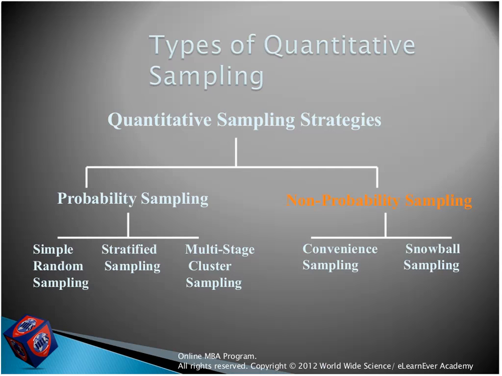And under non-probability sampling, we have snowball sampling and convenience sampling. So as a whole idea, it's good that you can memorize that sampling can divide into two main methods, probability and non-probability, all right? And then we will talk about the details of both of these categories of sampling.